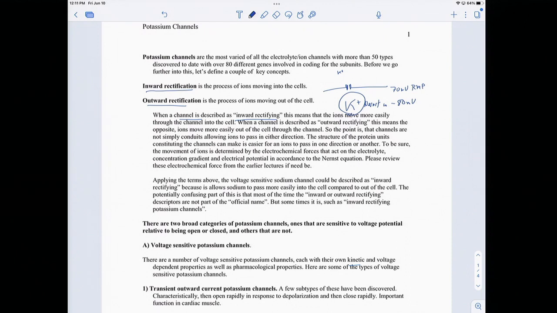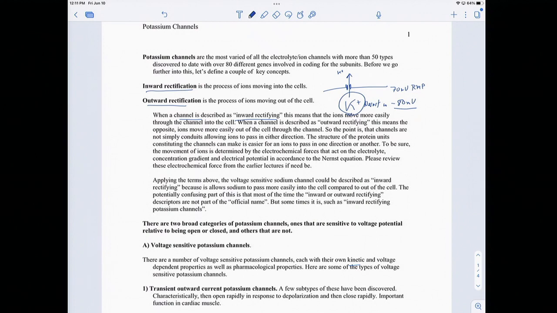So what that means is that as long as the membrane is above the Nernst value, or the reversal potential, of minus 80, then the net force acting on the potassium is going to want to move the potassium out to bring it to its Nernst value.